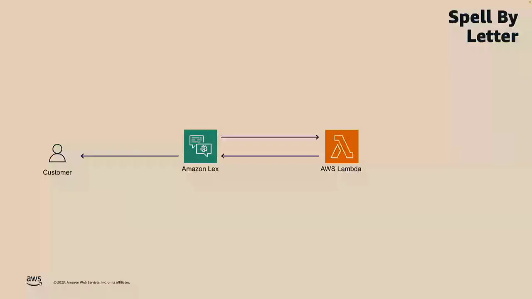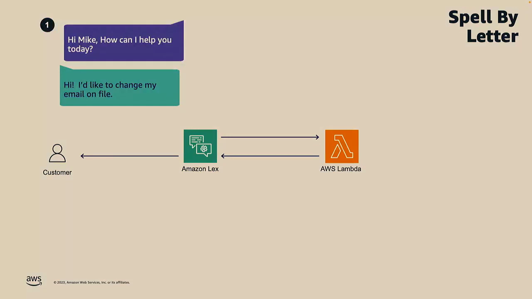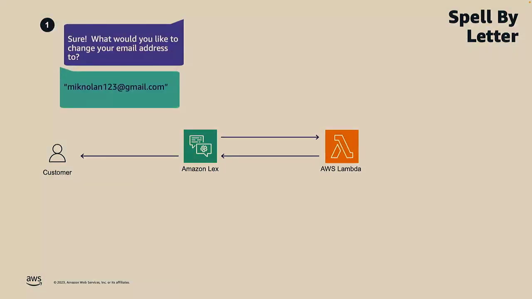So let's take a quick peek under the hood and look at how this dialogue was going to flow, and how we can invoke AWS Lambdas to elicit for a specific spelling style. So the conversation, again, how can I help you today? I'd like to change my email on file. Sure, what would you like to change your email to?